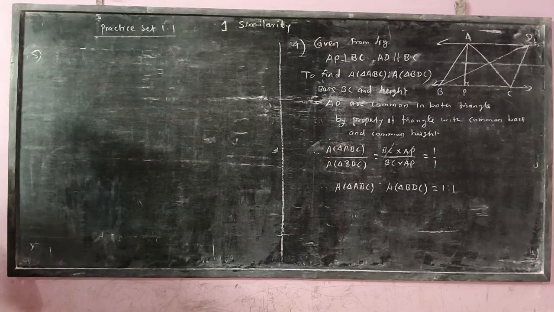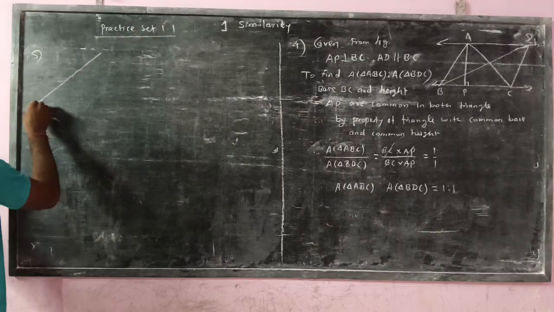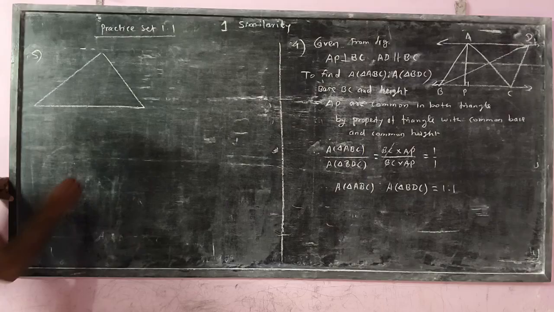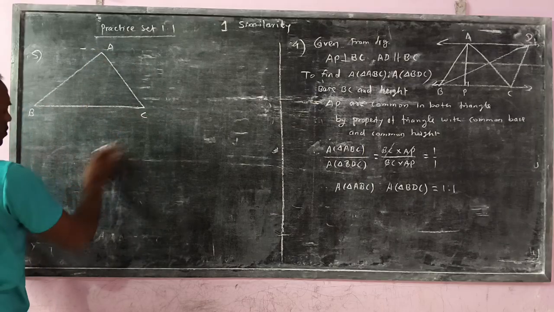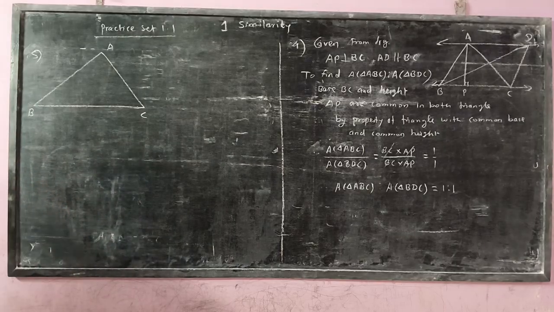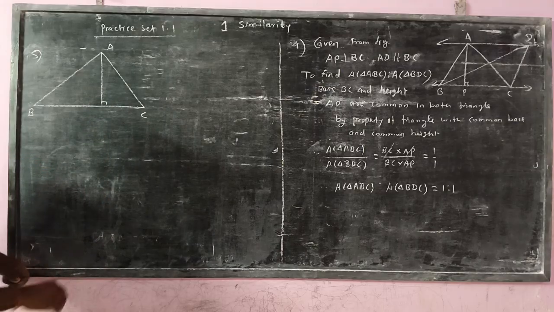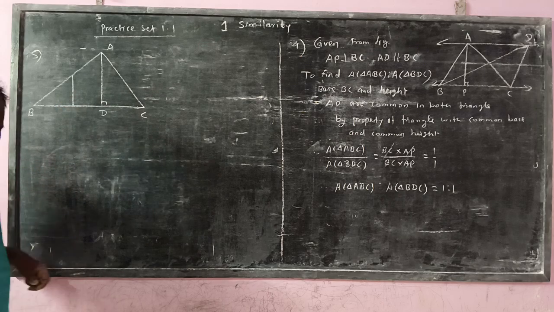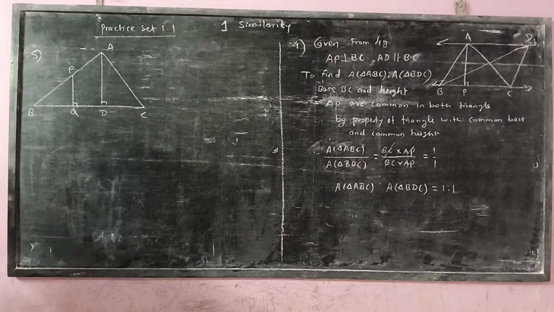Fifth problem, from the given figure ABC, in which triangle ABC shows two heights AD and another height PQ of different triangles.